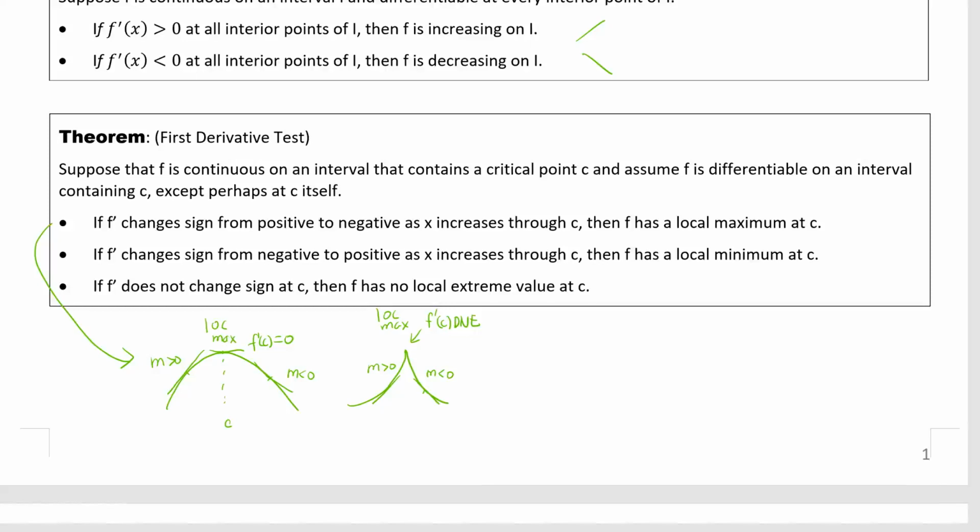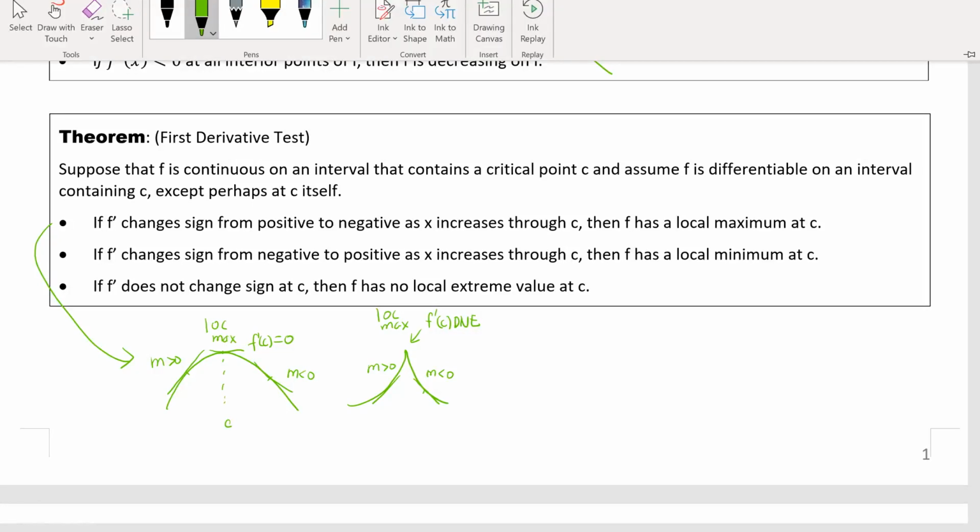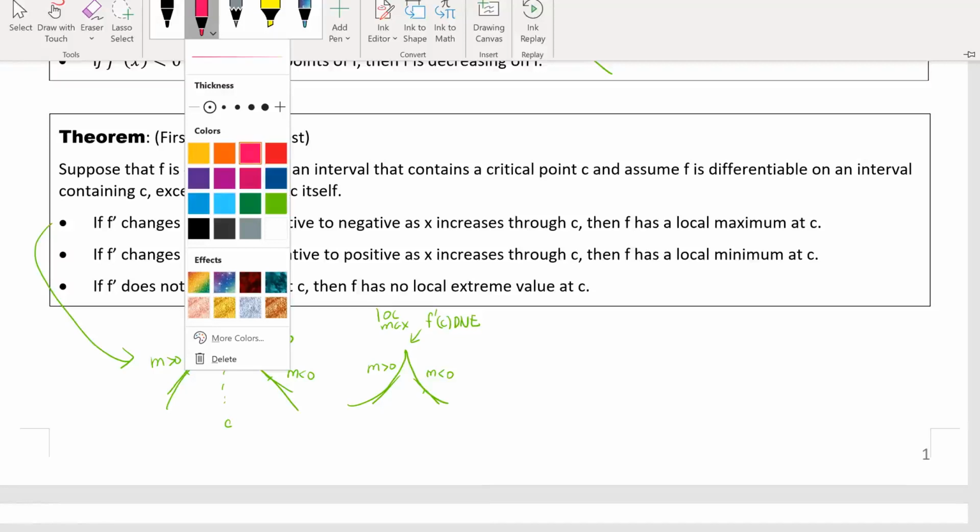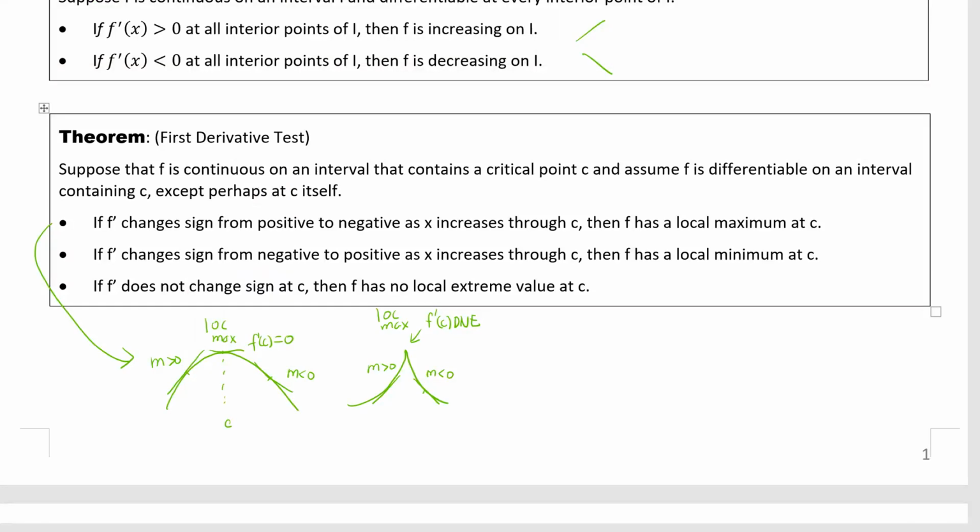Second case. If f prime changes sign from negative to positive as x increases through c, then f has a local minimum. So this is like the picture.